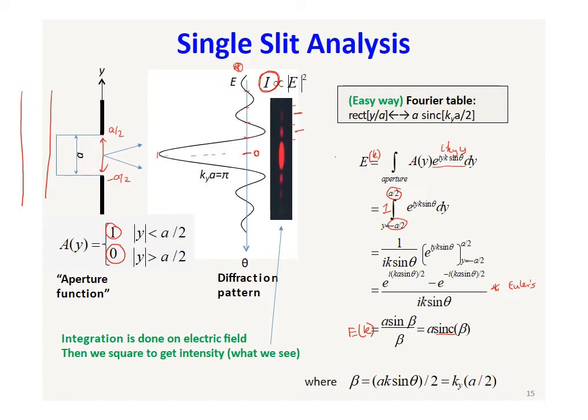So we know that the central spot is going to be quite wide and the most intense, and we can also see as we get further and further away from that m equal to 0 order, that the intensity is going to drop off.